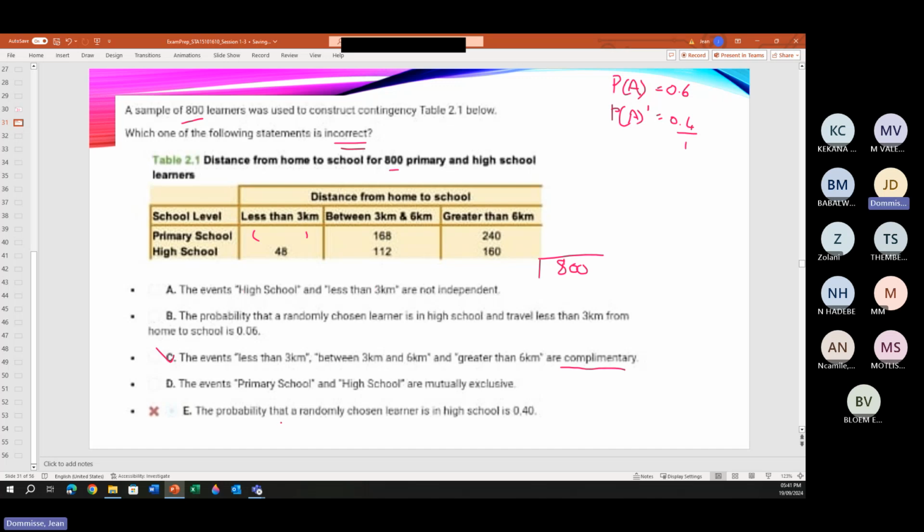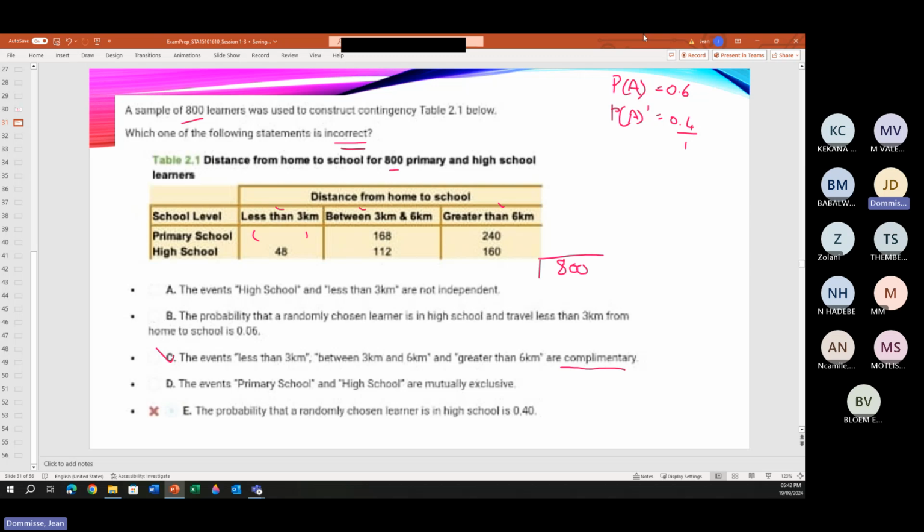So here we have less than, between, and greater than. All of those probabilities in the end will add to 1. So that means they are complementary.